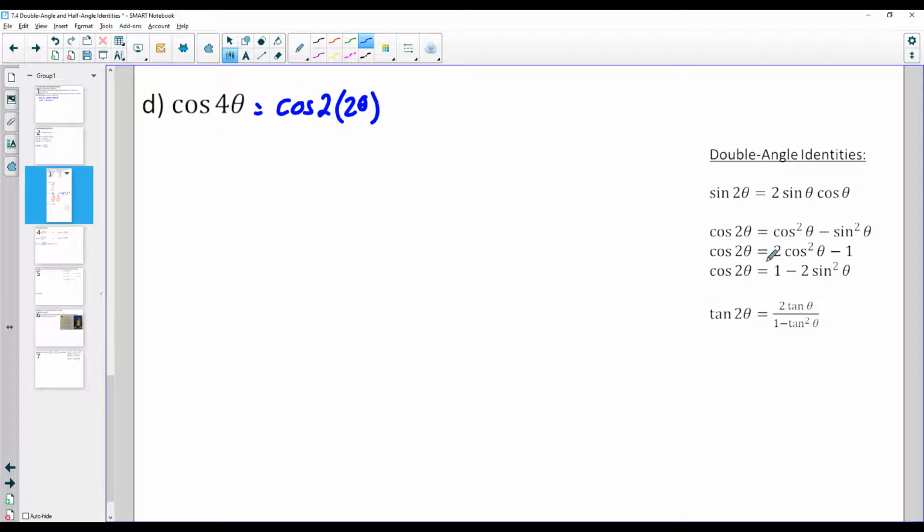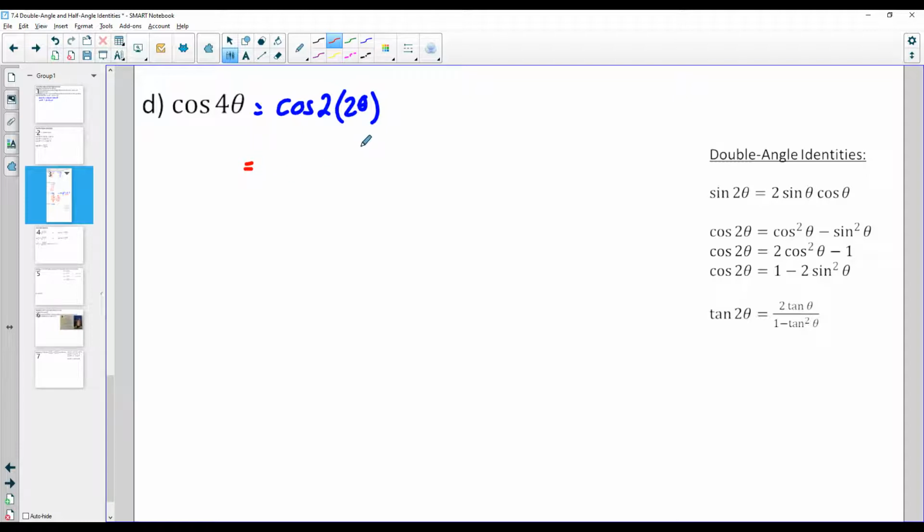And so we kind of just have to modify our cosine identities just a little bit. Again, I'm probably just going to use the bottom one since I think the sine being 2/3 is the nicest thing we have. So let's go ahead and do that.